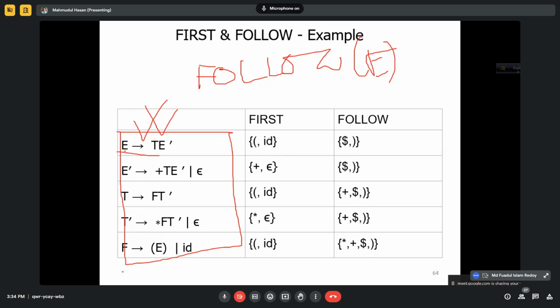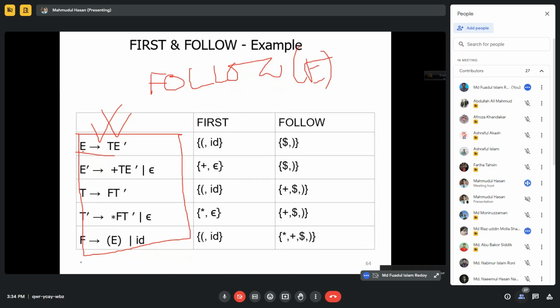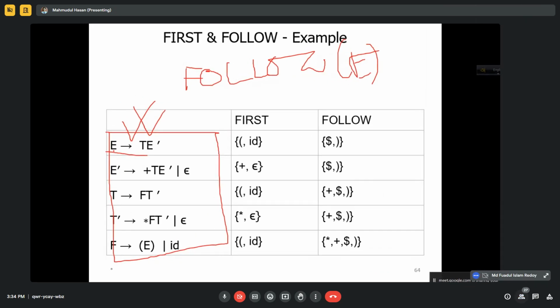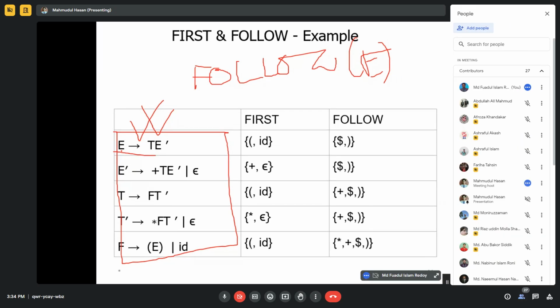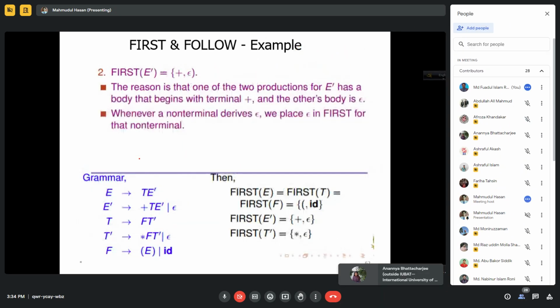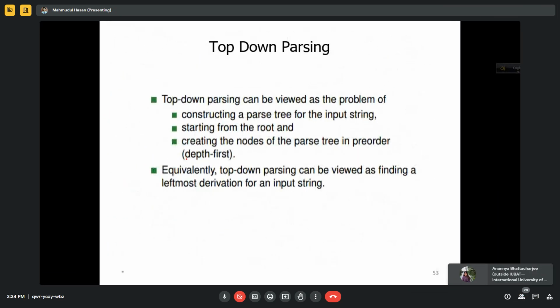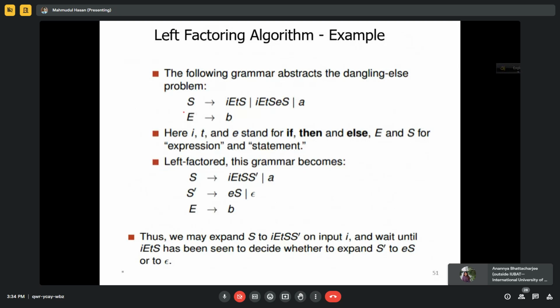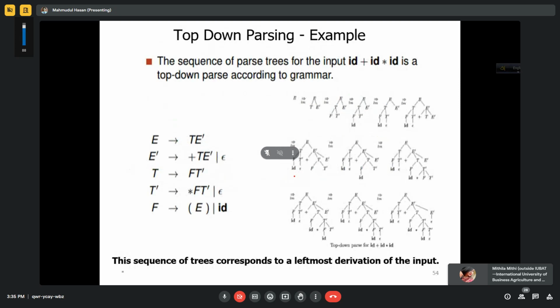Someone please respond. Yes, sir, we covered left factoring. Okay. Maybe no. Why maybe no? Those things we covered, and if you miss the class and say no, that is not acceptable.